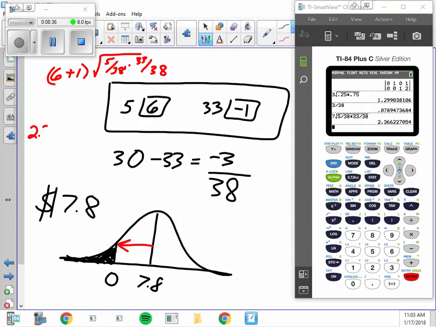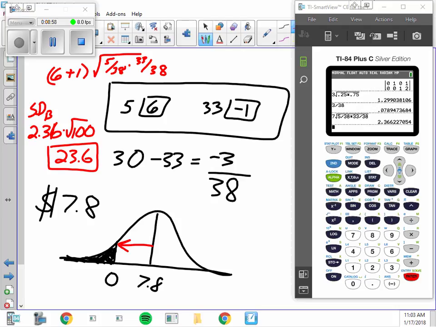So 2.36 is the SD of the box. I multiply that by the square root of 100, and I get 23.6. What does that tell me? That's the SE, the standard error.